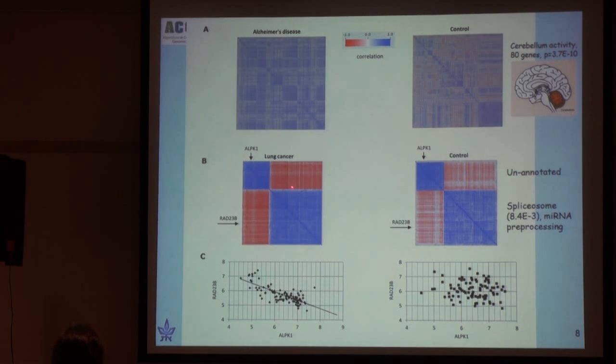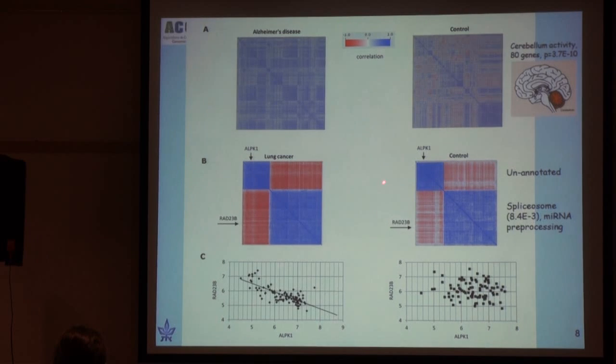So the differential co-expression here is between the sets. Within each set, there is a high level of correlation, and it's consistent. It is behaving this way both in the cases and the controls, but between the sets, there is a strong differential co-expression.